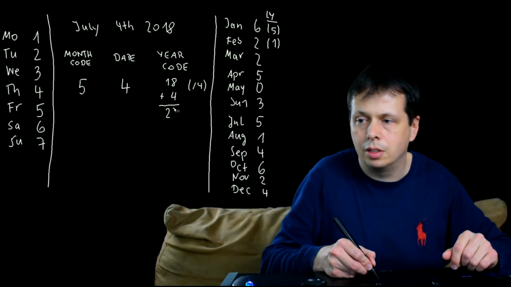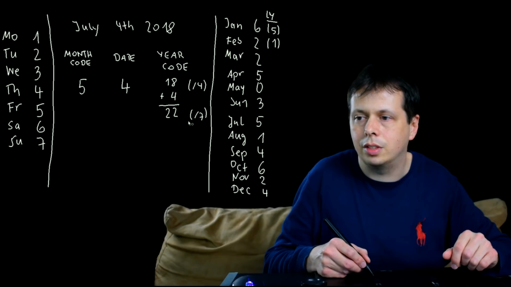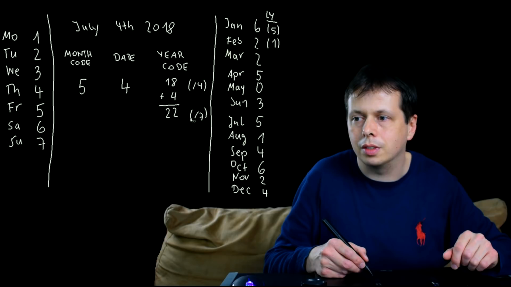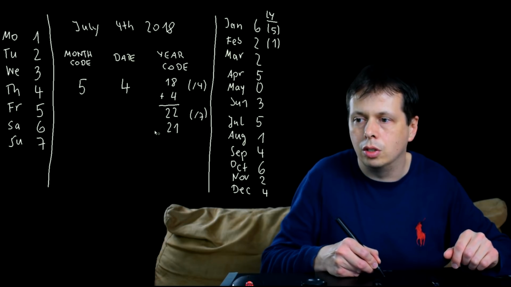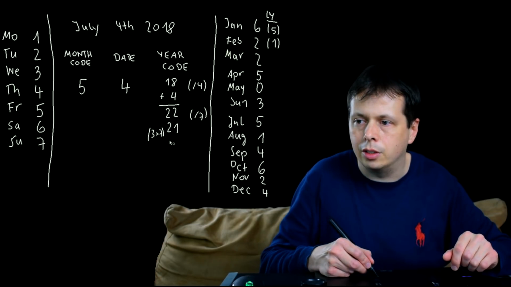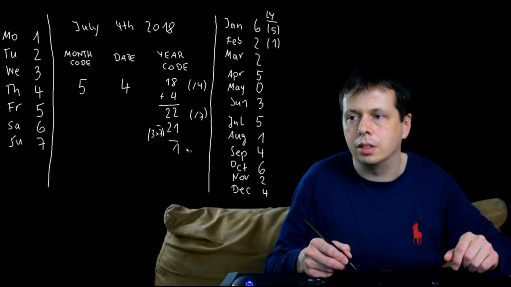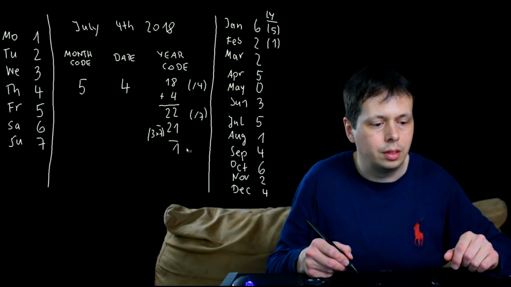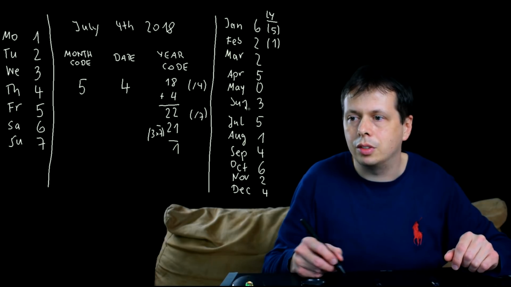Then we get 22, and then divide by 7, then obviously it is 21, because 4 times 7 would be 28, and this is higher than 22, so 21, and minus, like before, we get a 1, and then you have the year code 1.